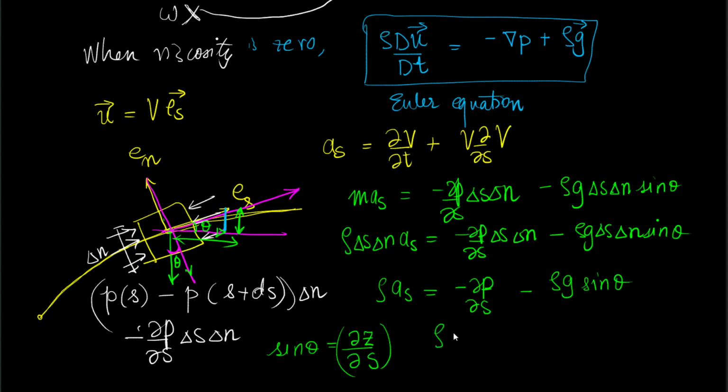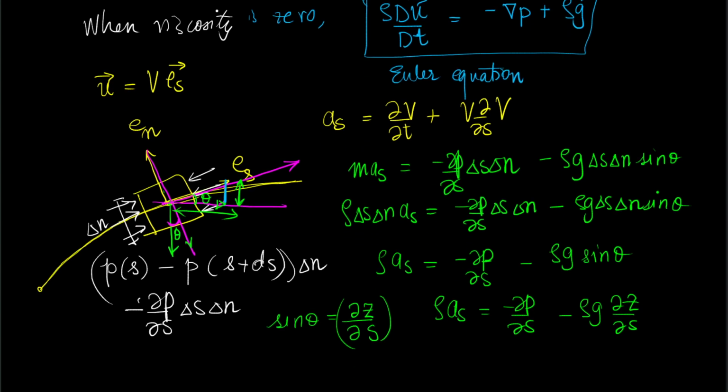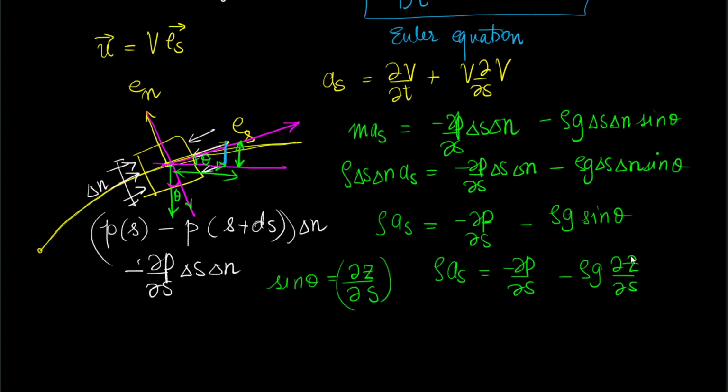So it becomes rho AS is equal to minus del p del s minus rho g del z del s. So this defines the Euler equation along the s direction. This encapsulates how the streamline looks, nothing else. Essentially, this is nothing but accounting for the component of gravity along the instantaneous streamline direction.